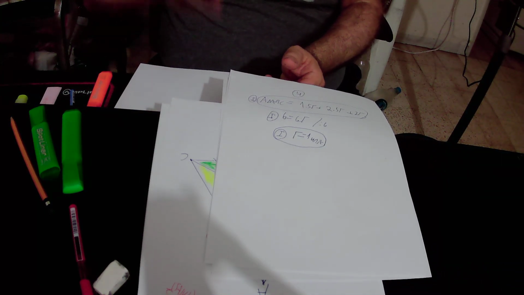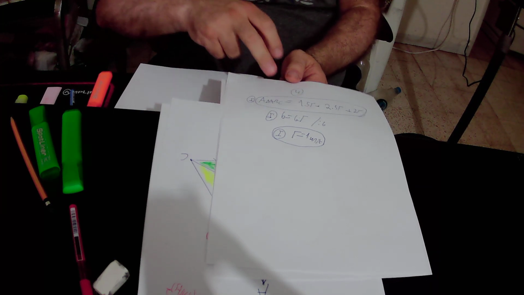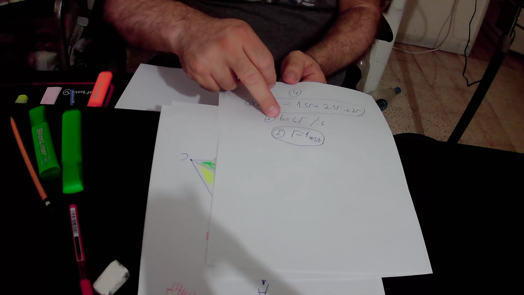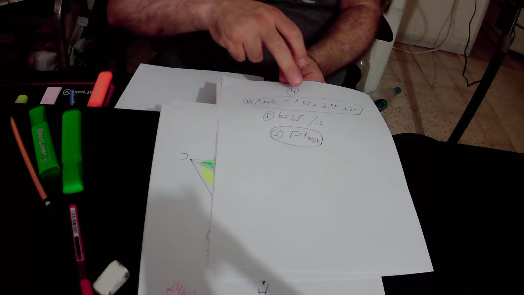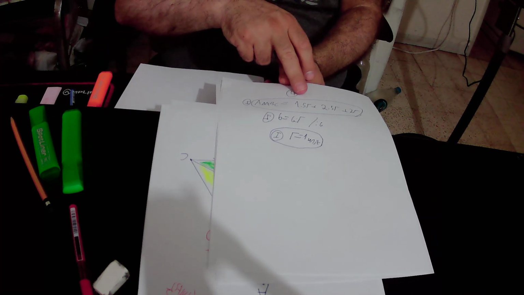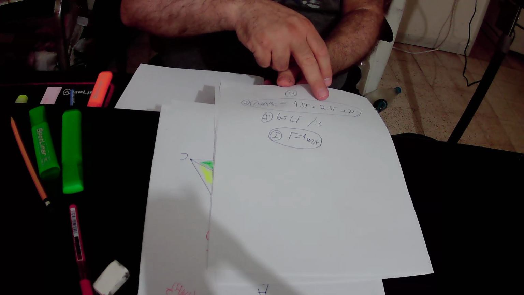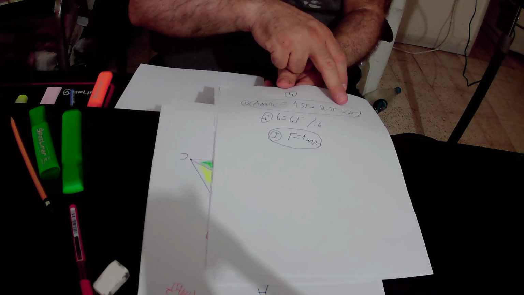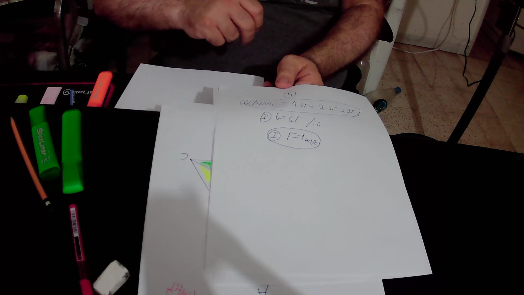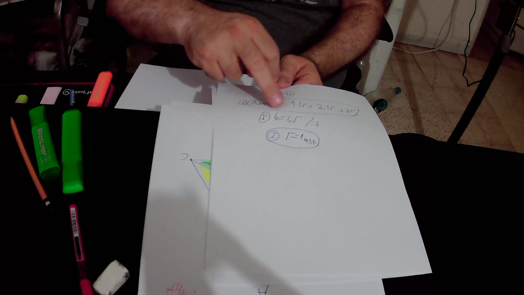Okay, so on this side of the equation we have 6, and on the other side of the equation, the sum of 1.5r plus 2.5r is 4r, and 4r plus 2r equals 6r. So we got 6 equals 6r.